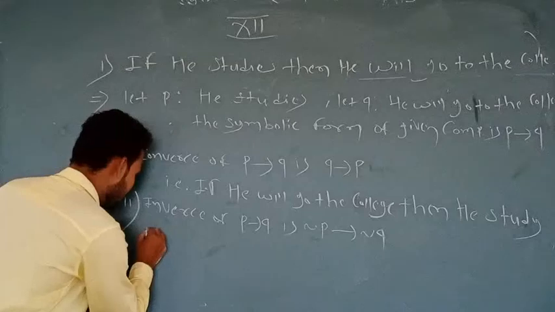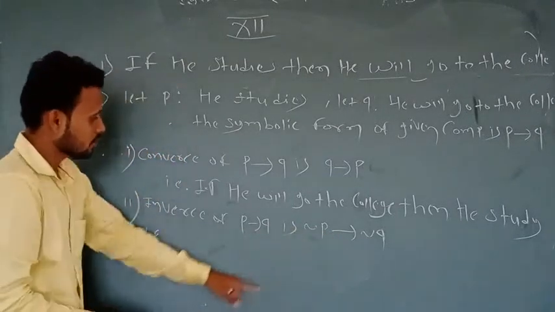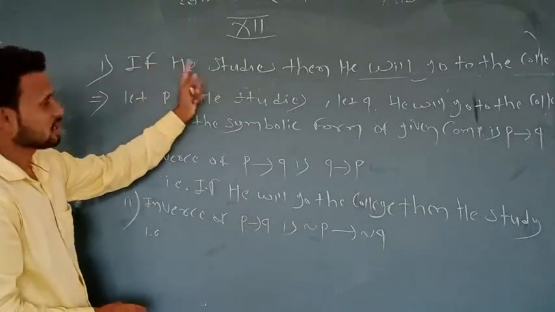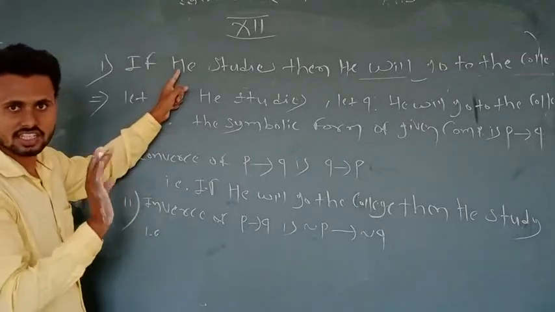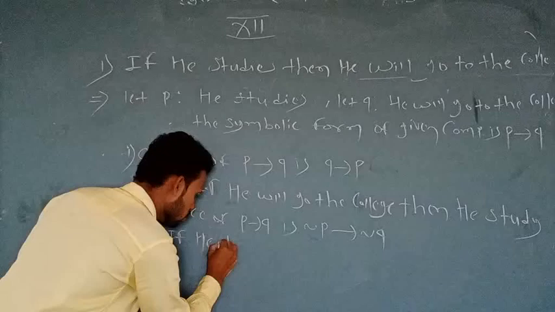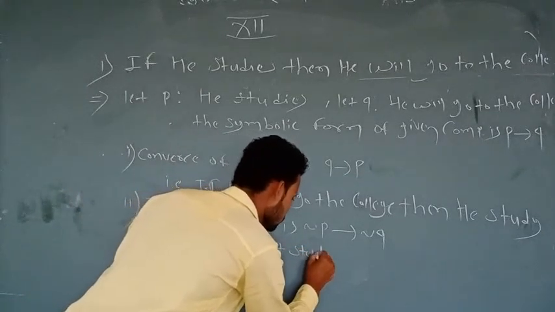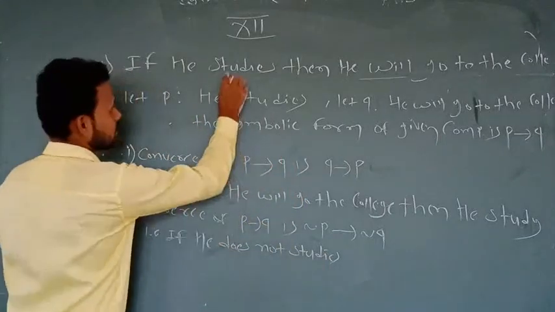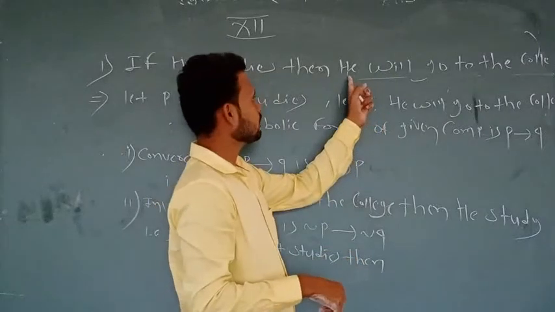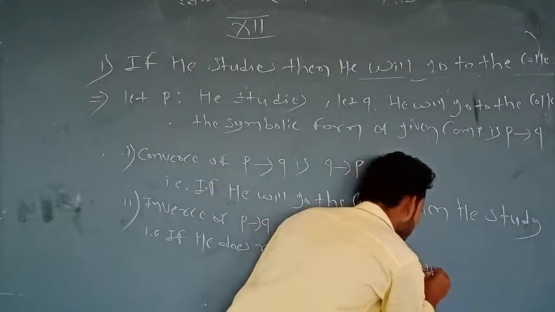Therefore, we can write this statement pattern in terms of sentence. First, negation of P: if he does not study, then negation of that Q statement, he will not go to the college.